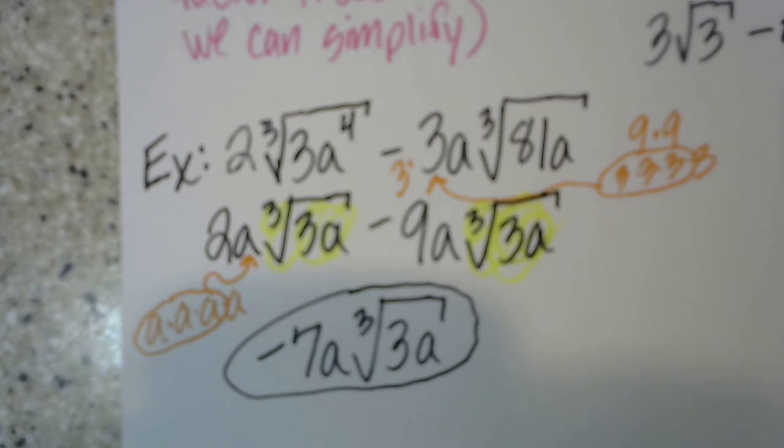Alright, so I want to do one more of these, but I want to stick with one that has numbers and not variables. In your notes, you'll probably see an extra example that I don't actually do with you, but it will be worked out for you.